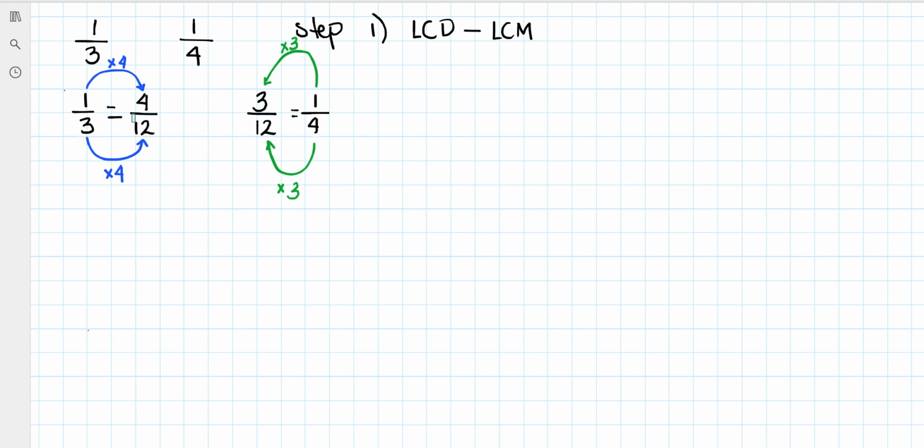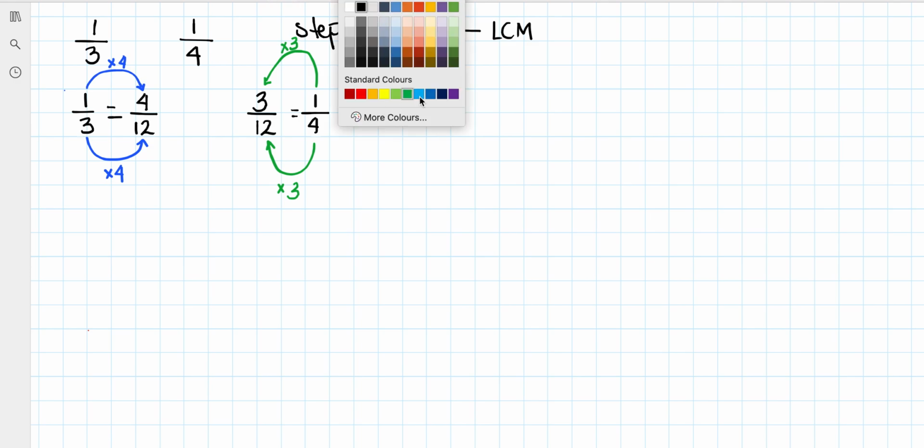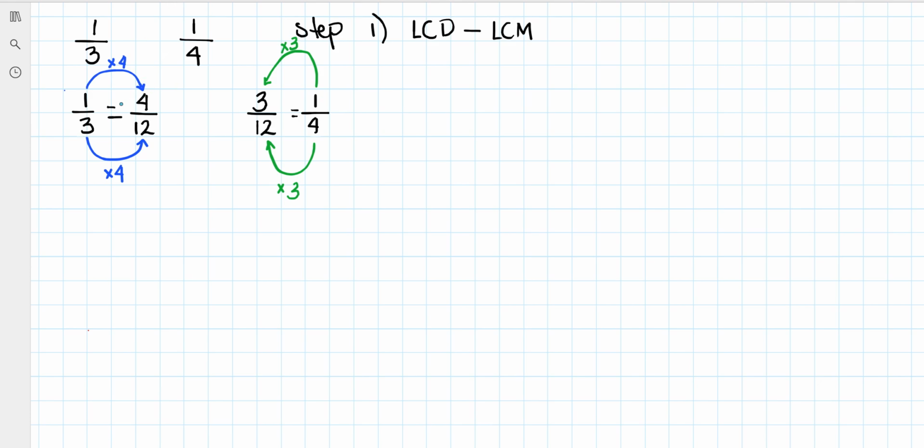And now I'm going to compare these fractions. I'm actually going to use the marker here. I have this fraction that is 4/12 and this fraction here that is 3/12. I want you to focus on these ones.